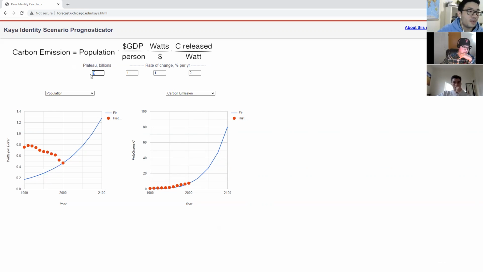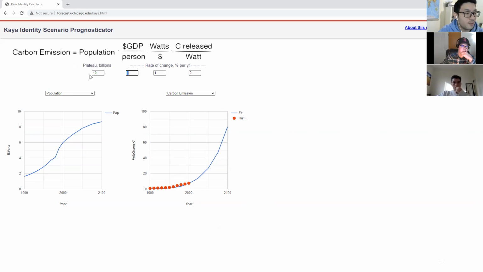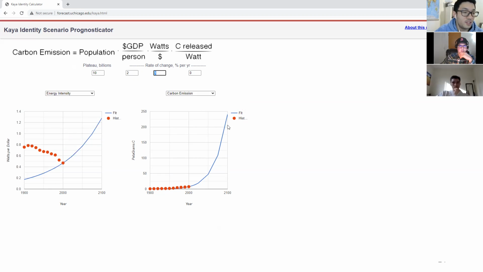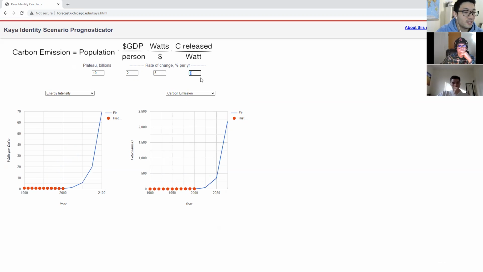So let's say there's a population of 10 billion people at the maximum. Let's say your economy grows at 2%. You can see how this is going to lead to some amount of annual emissions by 2100. So what would it take for me to flatten this curve? Let's suppose the rate of change were 5%.